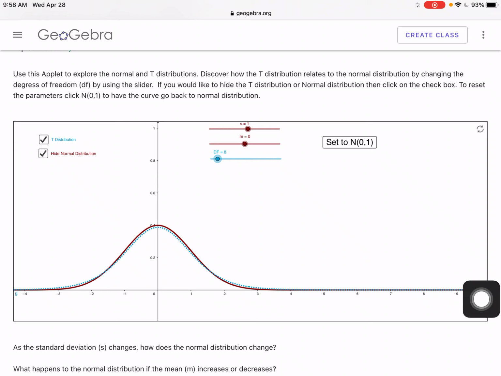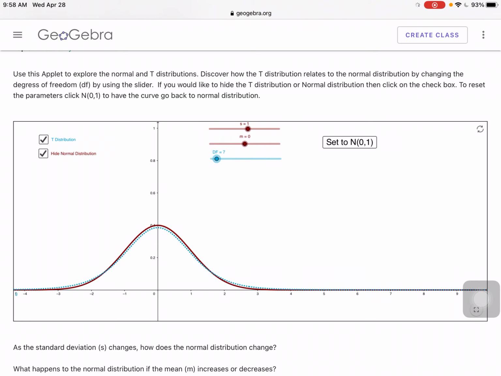As I increase my degrees of freedom, I can see that it gets closer and closer to that normal distribution. And it doesn't take a huge sample to do that, right? If I have 29 degrees of freedom, that'd be a sample size of 30, that's almost normal, right?